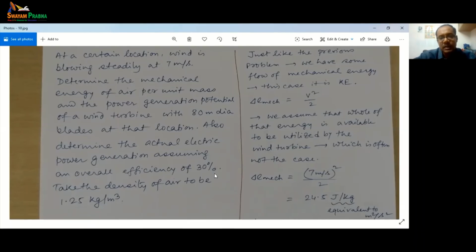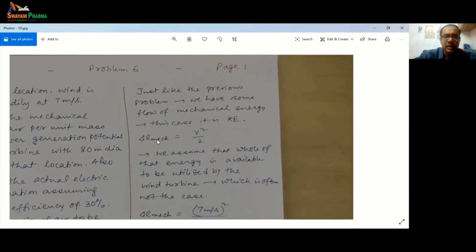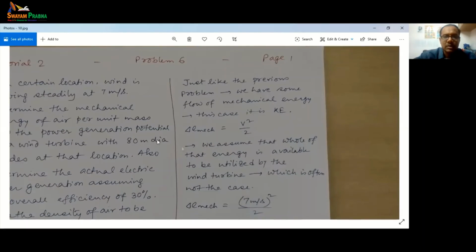So these windmills are less efficient compared to this turbine and all. Okay, and you see that it's 30% only, and the efficiency of conversion is coming into play again. You are given that the density of air is 1.25 kg per meter cube. Okay, this is a simple problem again, but it talks about the energy conversion from the kinetic energy of wind to electrical output.